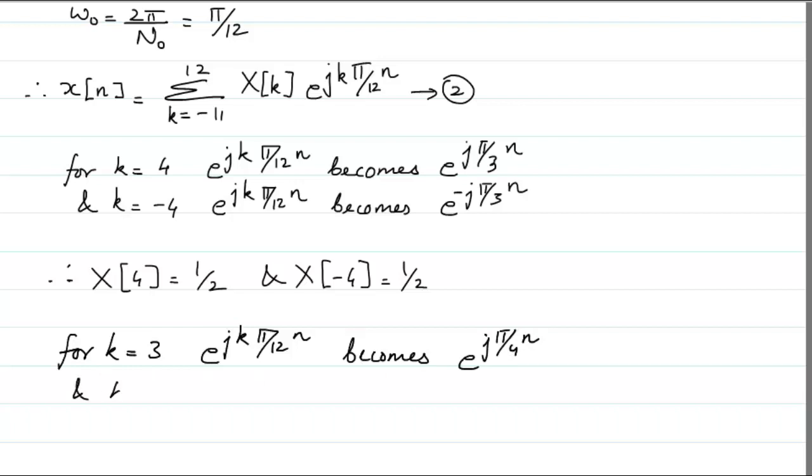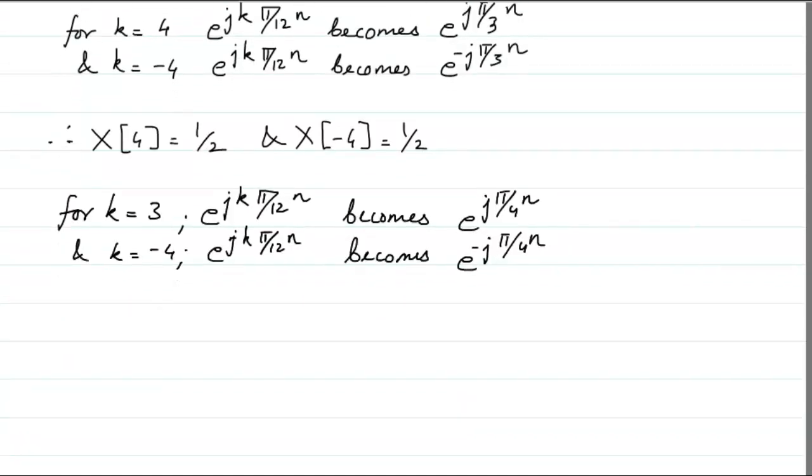Similarly, for k is equal to minus 4, e raised to power j k pi by 12n becomes e raised to power minus j pi by 4n. Not minus 4, sorry, this should be minus 3.